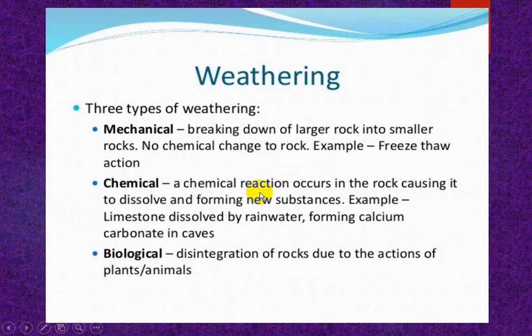In chemical weathering, a chemical reaction occurs in the rocks, causing them to dissolve and form new substances. Example, limestone dissolved by rainwater, forming calcium carbonate in caves. This is chemical weathering.